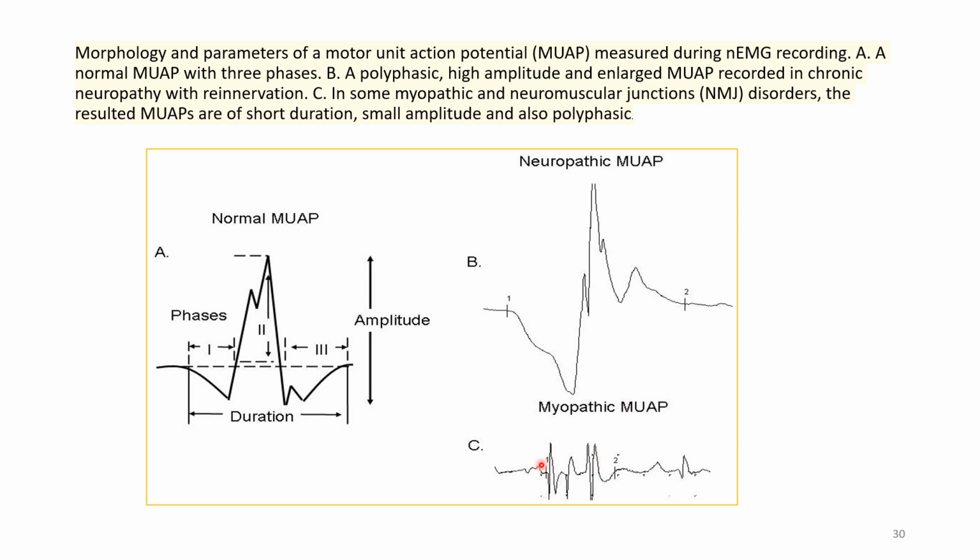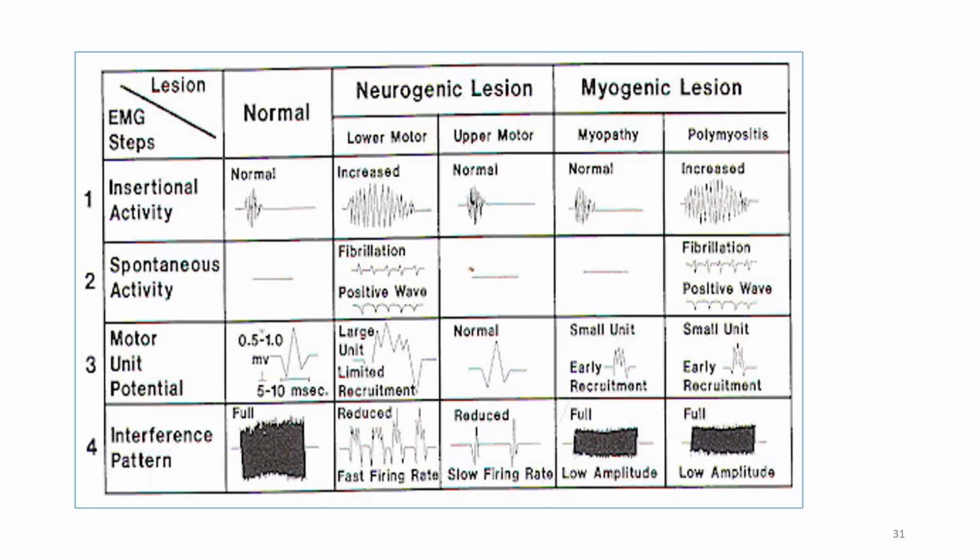It is showing small amplitude and it is also polyphasic. So polyphasic and more amplitude is seen in neuropathy, and polyphasic and low amplitude MUAP is seen in myopathy. See the interference pattern, it is full. So this is about normal recording.